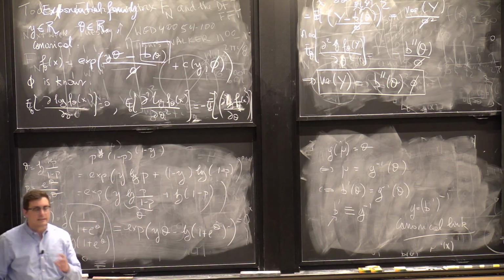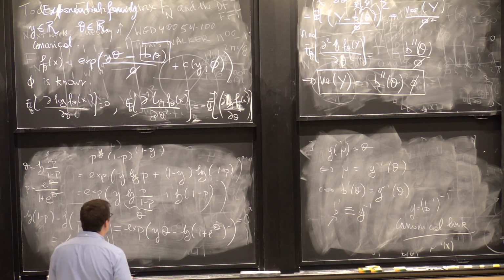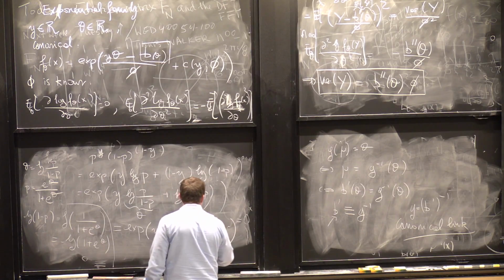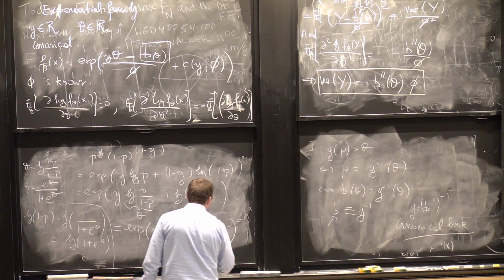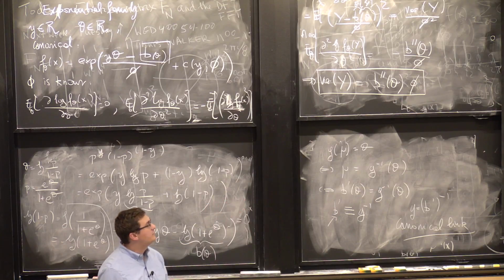So this is the representation of the PMF of a Bernoulli distribution as a member of the canonical exponential family. And it tells me that b of theta is equal to log 1 plus e to the theta. That's what I have there.